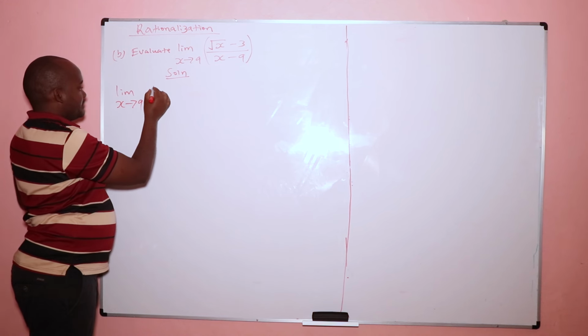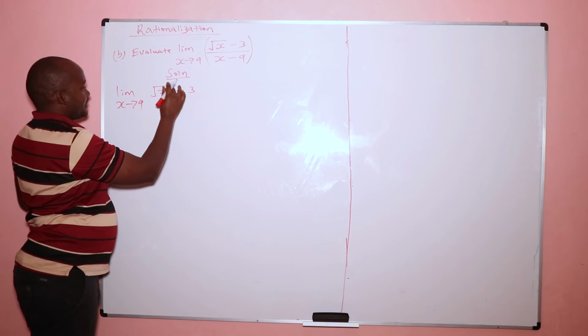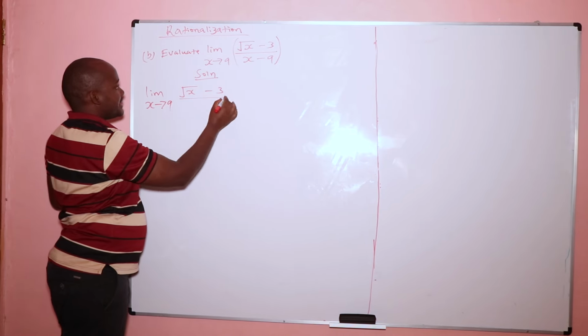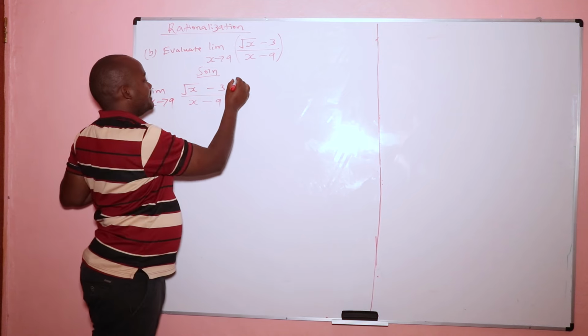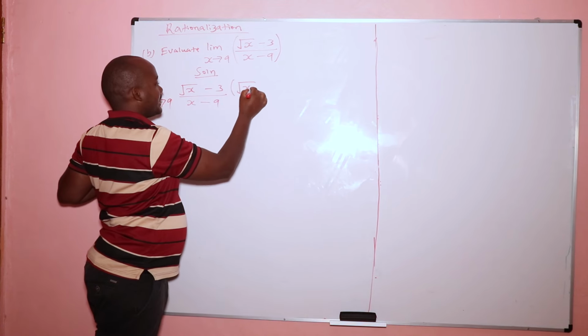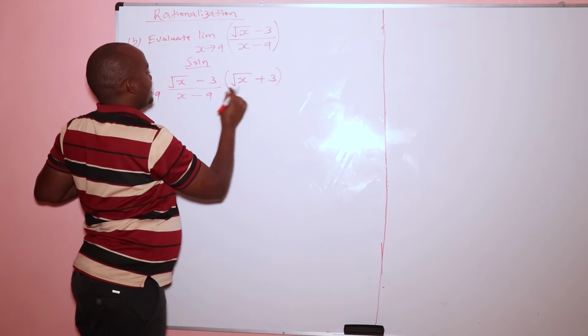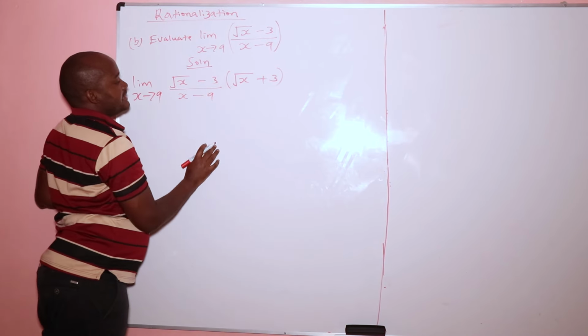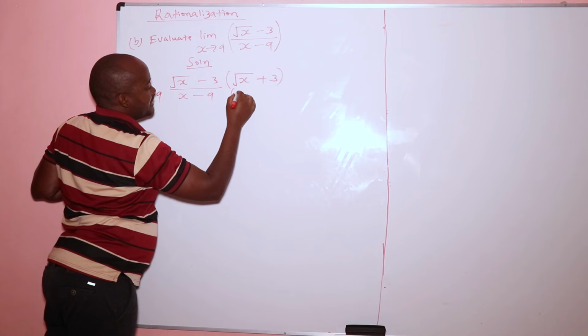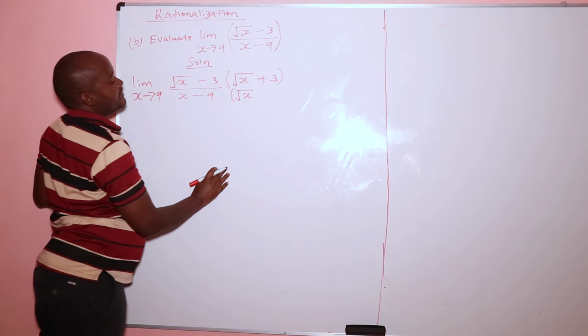So you need to rationalize this. This means that we multiply both the numerator and the denominator by root x plus 3. That will be the conjugate of this root x minus 3. And what you do to the numerator, you also do to the denominator.